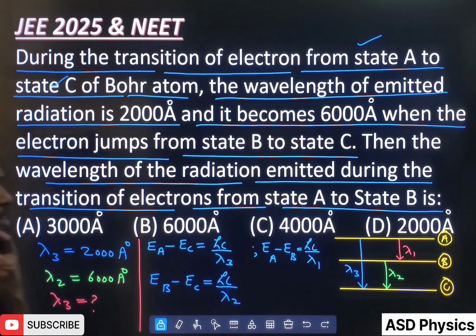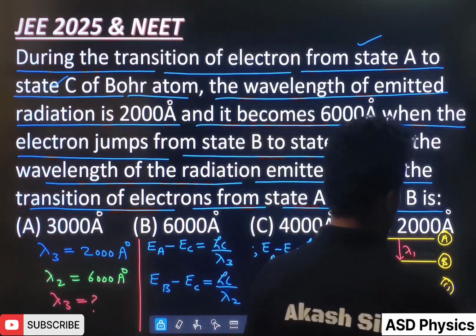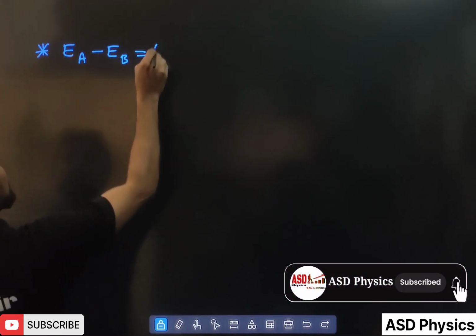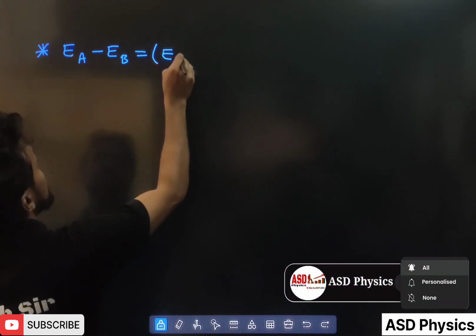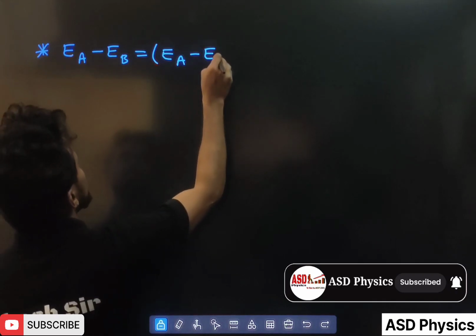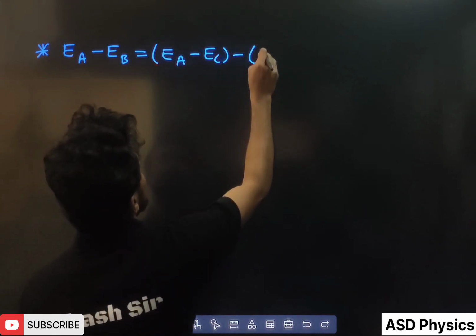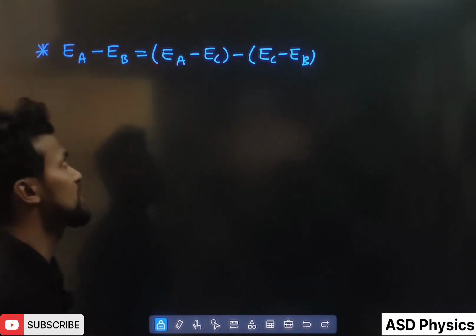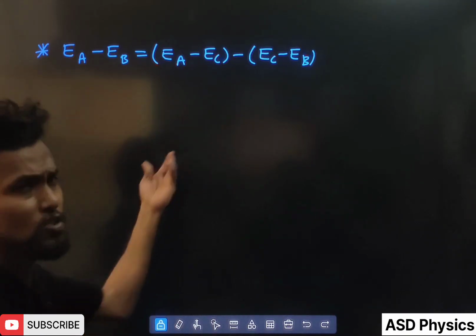So now we have to calculate lambda 1. See here, EA minus EB is given by EA minus EC minus EB minus EC. You can identify very well, because if you cancel EC you will get this.